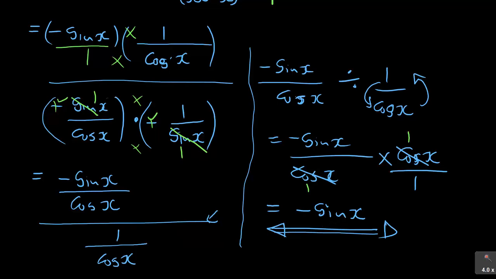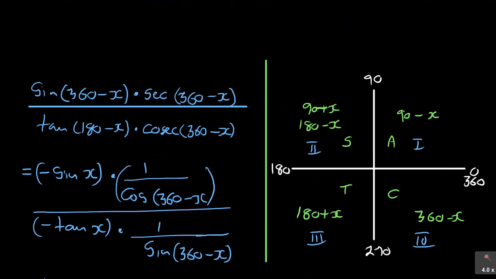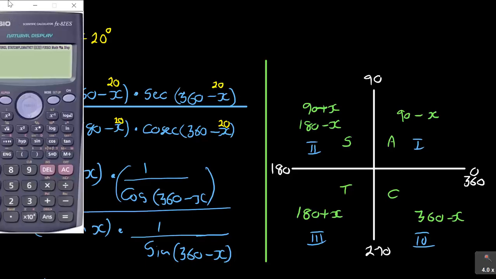You can quickly test this. You choose any value of x, let's say 20 degrees. Let x be equal to 20. So you put the value of x here, you put 20 everywhere.